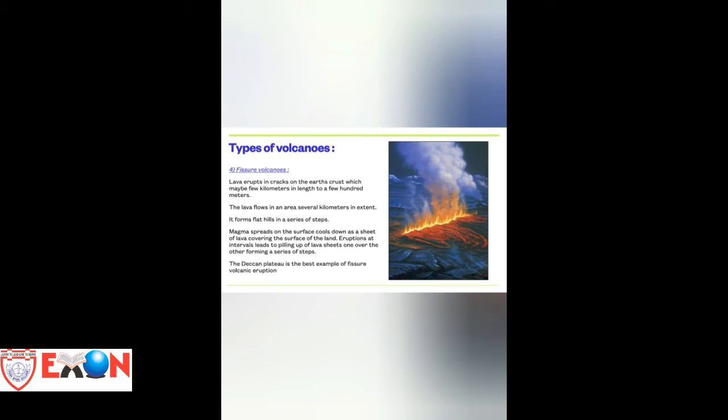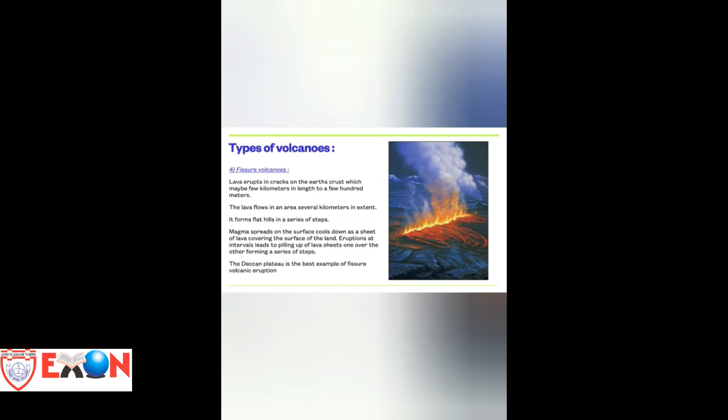The fourth one is the fissure volcanoes. Lava erupts in cracks on the Earth's crust, which may be a few kilometers in length to a few hundred meters. The lava flows in an area several kilometers in extent.